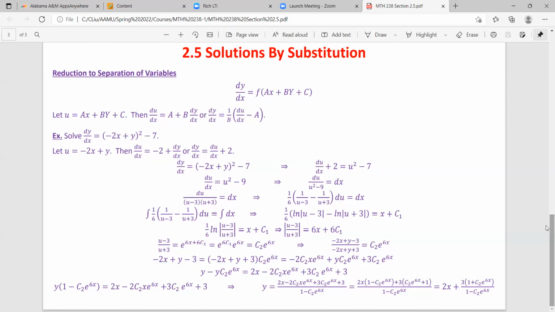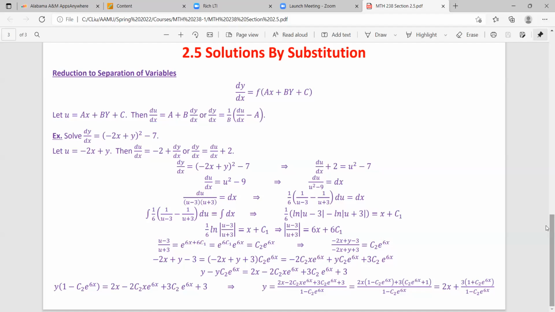Okay, so you can easily obtain du over dx. The derivative of u equals a plus b times dy over dx, and the derivative of the constant c is just 0. So a, b, and c are just numbers or constants in this case.